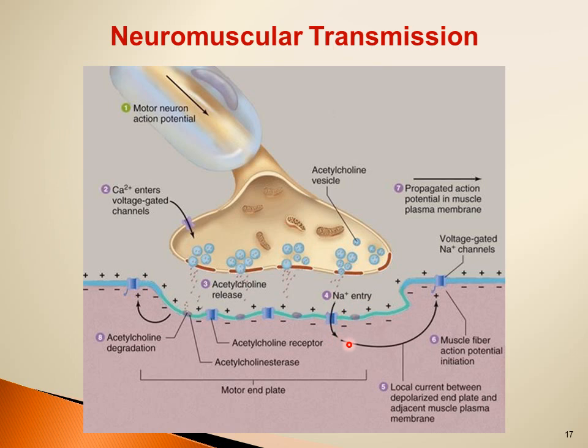Sodium entry into the skeletal muscle fiber at the motor end plate will generate an end plate potential that will bring the sarcolemma to threshold, and this will open voltage-gated sodium channels, and this will lead to the propagation of the action potential across the sarcolemma down into the T-tubules to start the excitation-contraction coupling.